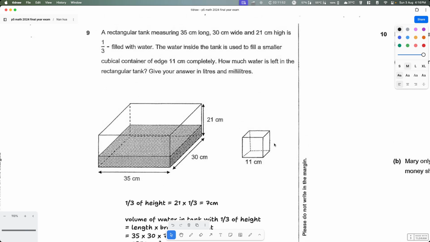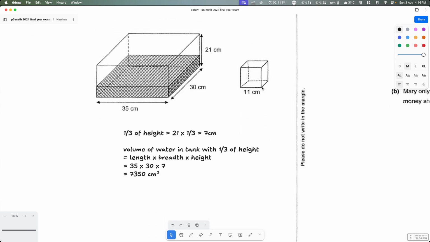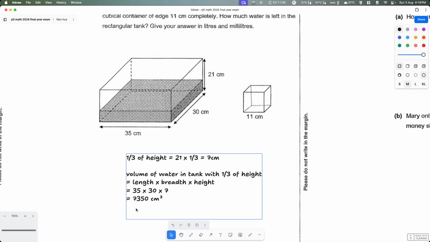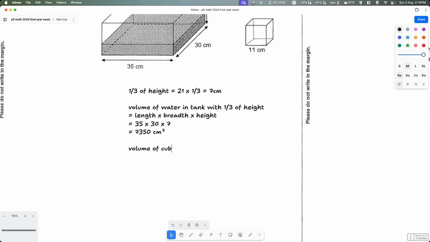The next thing is the water then completely fills the 11 centimeter cube. So volume of cube is equal to also length times breadth times height, which is basically 11 times 11 times 11.